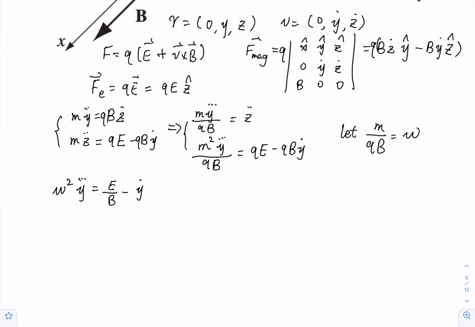If you think of this as the equation of y dot, then y dot must be an arbitrary constant times cosine omega t and a constant times sine omega t, and you have to add an additional constant term of E over B. So if you plug this expression into here, you can see it solves the equation.